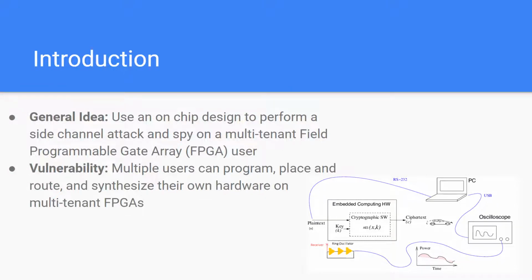The vulnerability in this is that multiple users can program and place and route their own designs on the hardware, where a malicious user could place and route a malicious design near a victim and try to spy on that logic and potentially gain access.